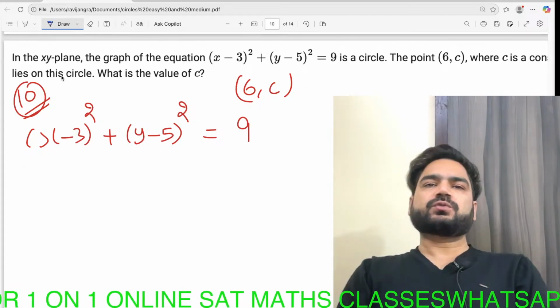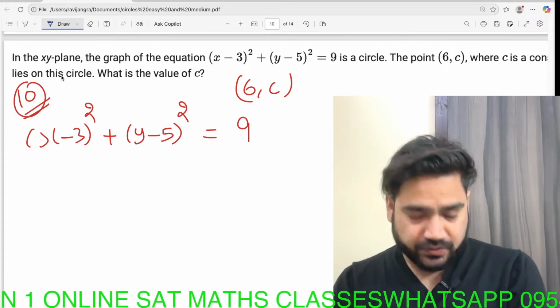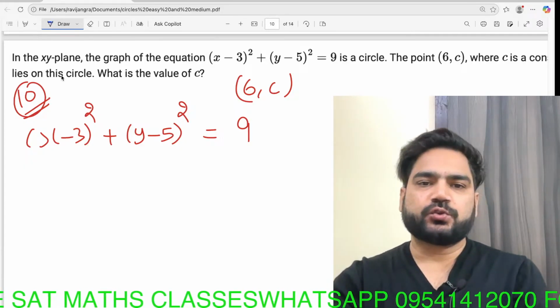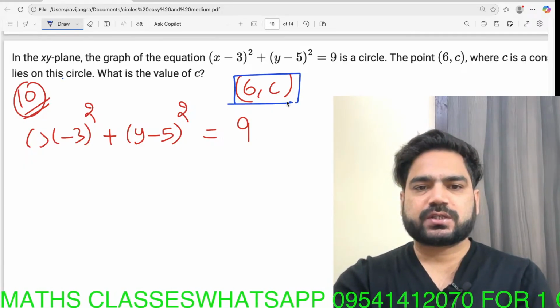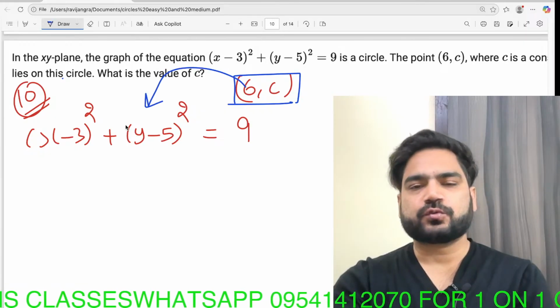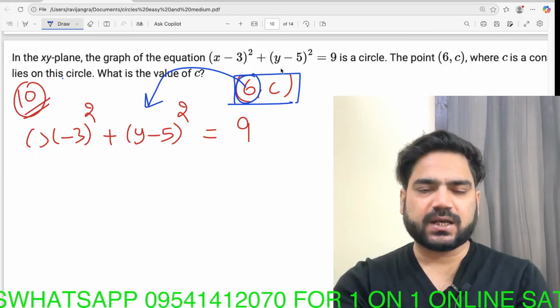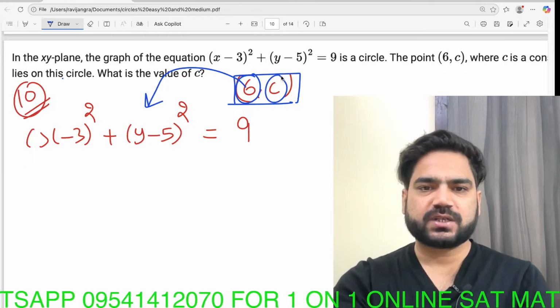Whenever the equation is given and one point lies on the circle, you put this point into the equation. In the place of x you put 6, and in the place of y you put c.